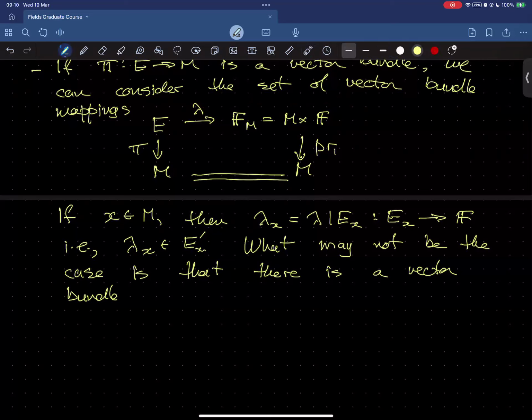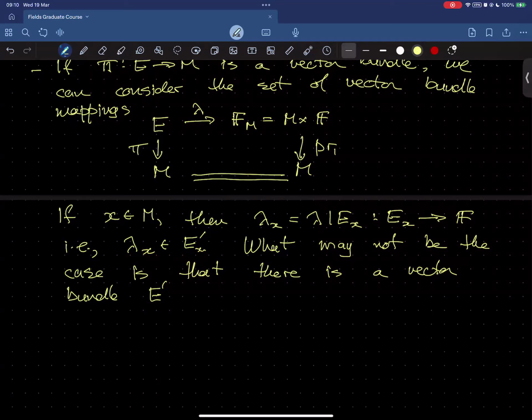And what would you like this vector bundle to be denoted by? Well, you'd maybe like to denote it by E prime, because the fibers of this vector bundle are going to be the vector bundle mappings on fibers, and those, as we just saw, are elements of the dual. So maybe you'd want it to be denoted by E prime.